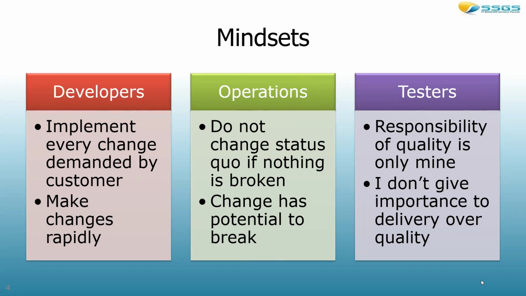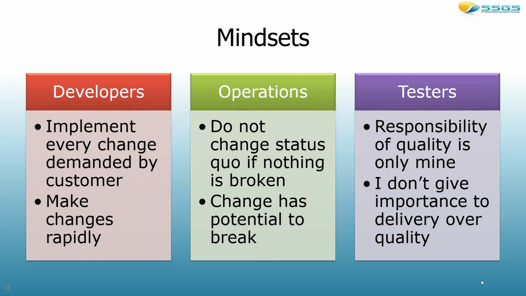They have a mindset because of a mandate given by the management, that some aspect of the performance and availability of the software is the responsibility of the operations people. That's the mandate given by the management.